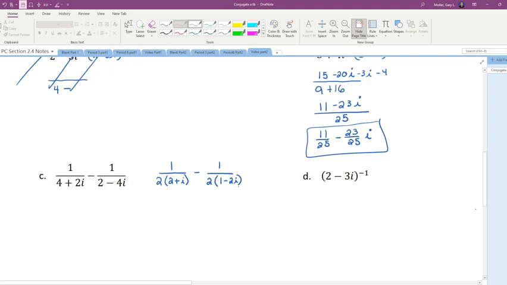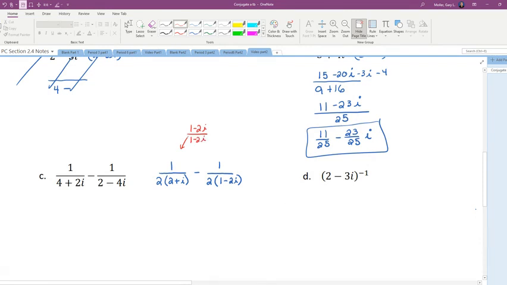All right, so now when I need a common denominator, I need all the factors on the bottom for each of them. This fraction already has the 2 and the 2 plus i, but it doesn't have the 1 minus 2i. So I need to multiply that one by 1 minus 2i over 1 minus 2i.